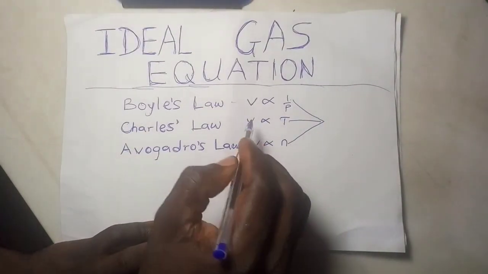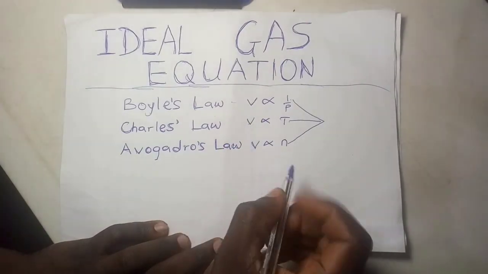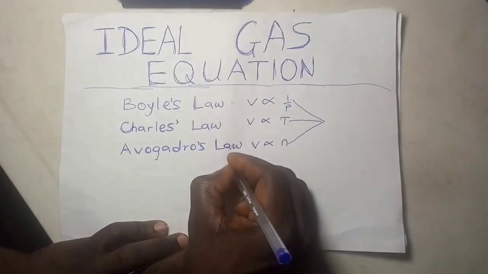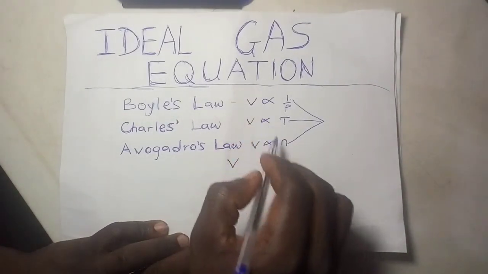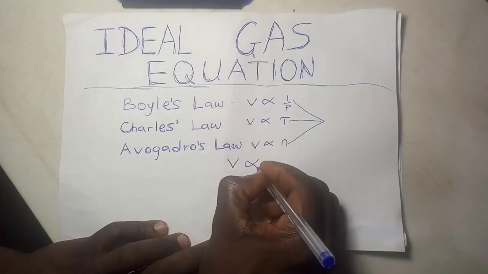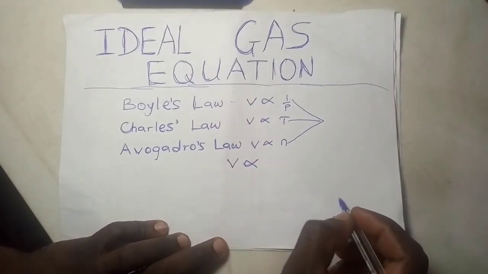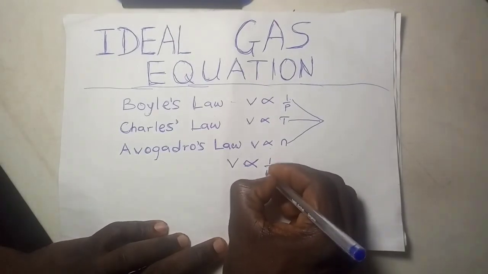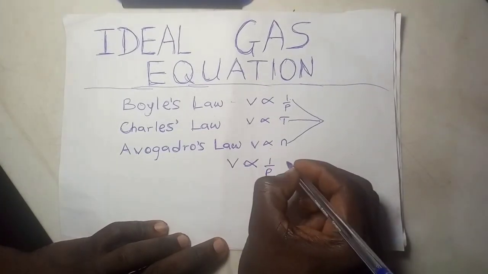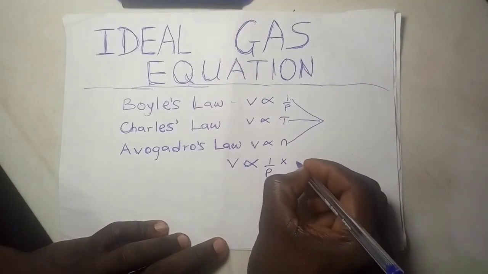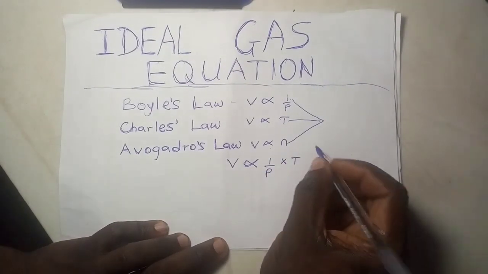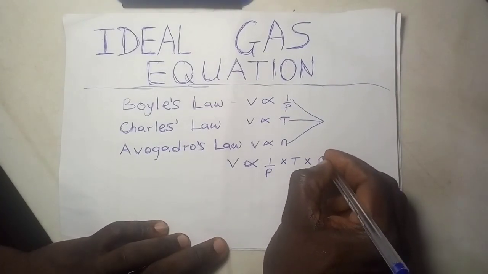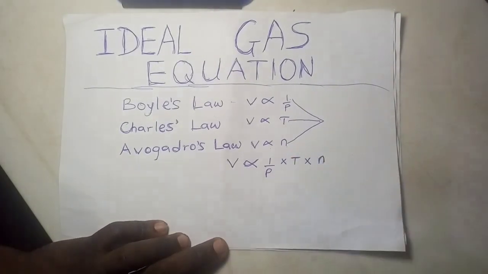That means the volume of a fixed mass of a gas is proportional to the inverse of pressure, times directly proportional to temperature, times directly proportional to the number of molecules in here.